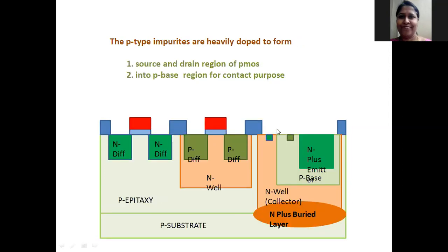So we can observe these small portions. What are these? This is only to avoid the formation of a diode at the contact. We have to have small portion of N plus material here and small portion of P type material here, which is highly doped.